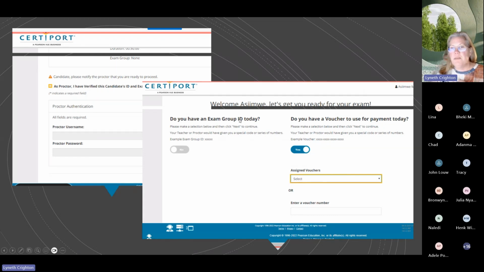If you skip some of these pieces, it makes it quite tricky when we're writing the exam, because then the exam will think you haven't paid, and it will actually stop, and sometimes that means you have to reschedule when you're going to write. After doing this, you sit in a window where it asks for the proctor, which is me, the invigilator, and I put my username and password in.